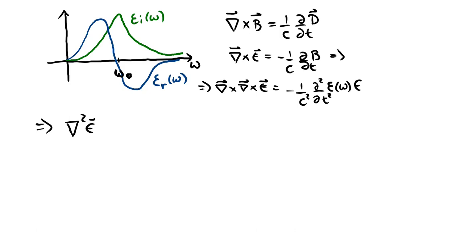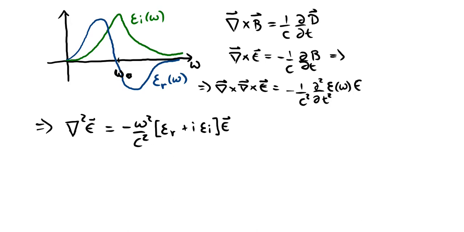That is a wave equation, right? So I'm going to rewrite it as the second derivative here will give me something like minus omega squared over c squared, then this epsilon here will be epsilon real plus i epsilon imaginary, the two parts of this thing, and the electric field here.